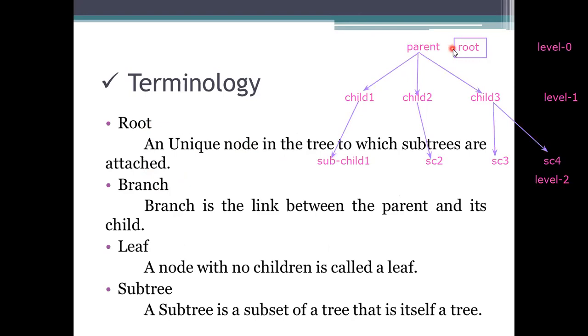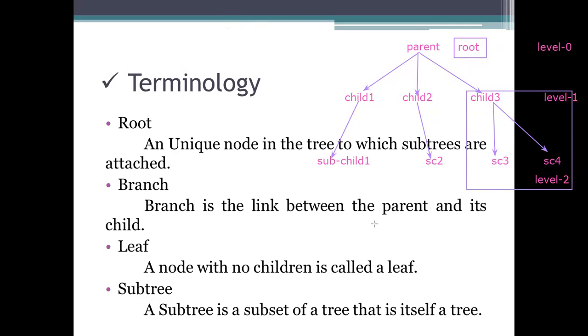The root is presented as a parent, the first designated node of the tree. The subtrees are considered attached to it. This representation we are considering is a subtree.